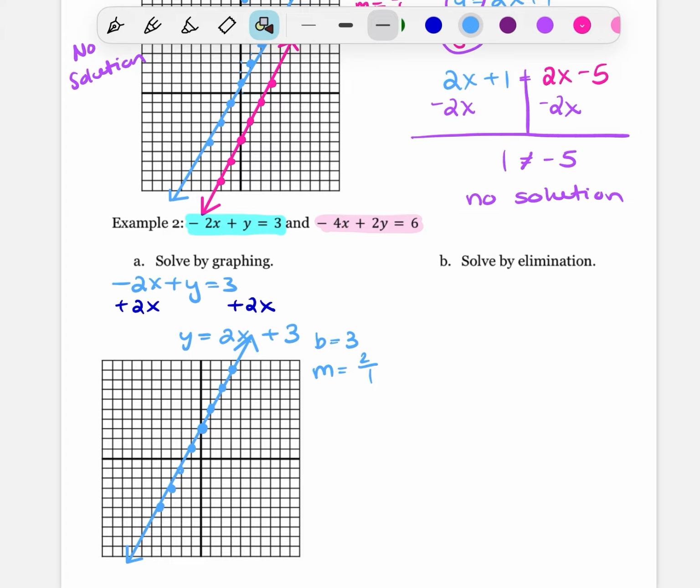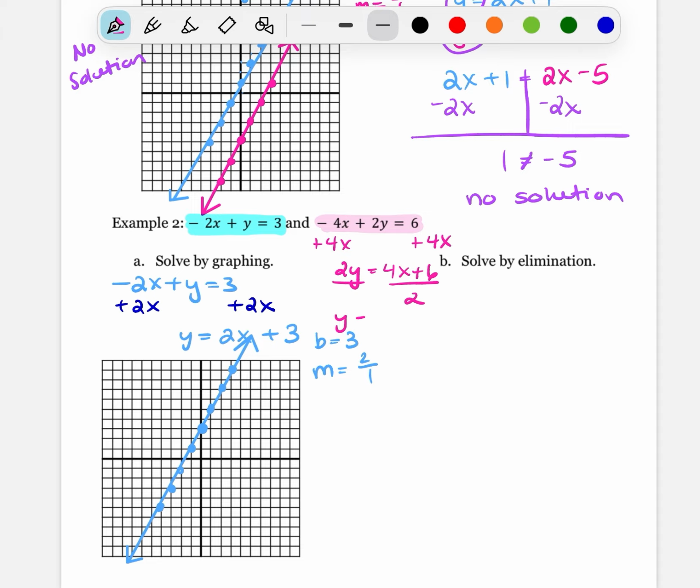And for the pink equation, if I add 4x to both sides of my equal sign, I have 2y is equal to 4x plus 6, and if I divide everything by 2, y is equal to 2x plus 3. I have a y-intercept at 3, up 2 to the right 1, and down 2 and to the left 1.